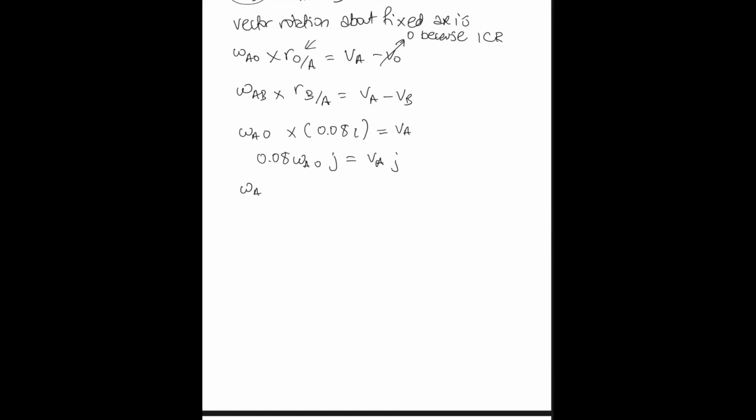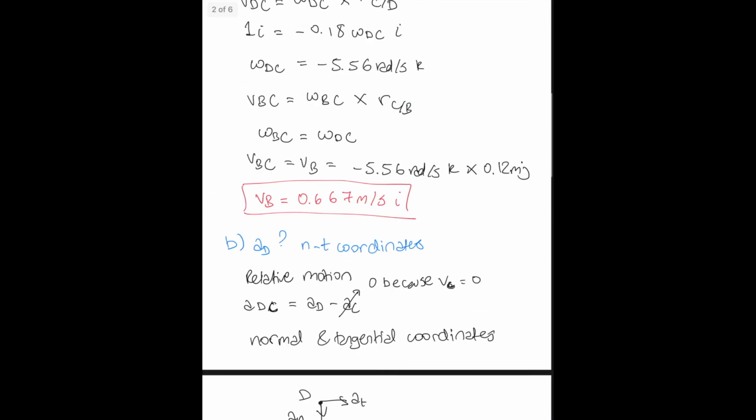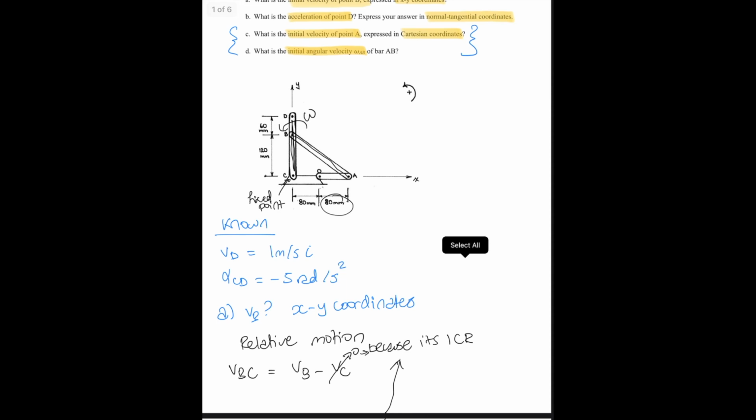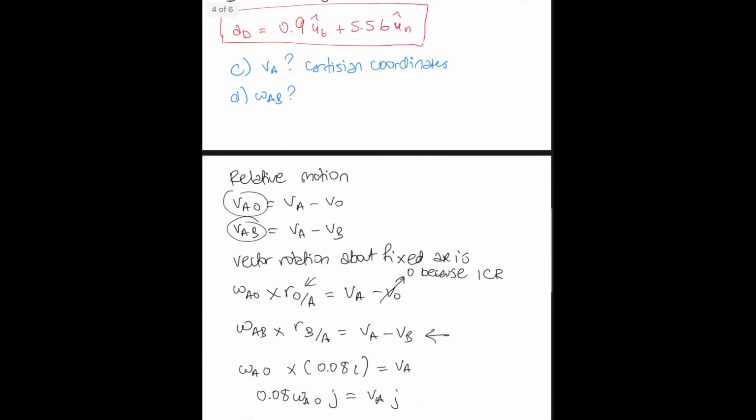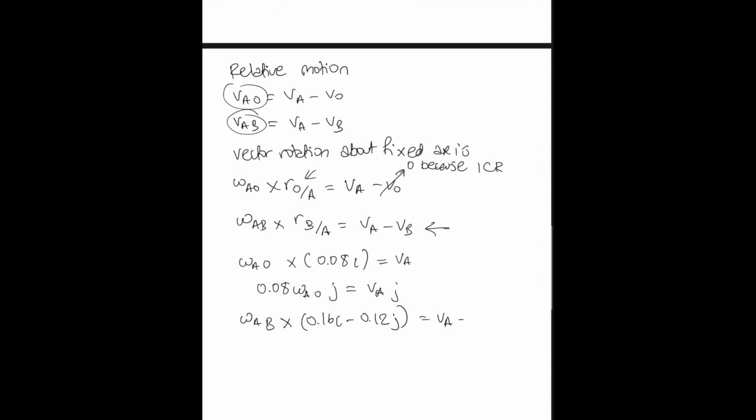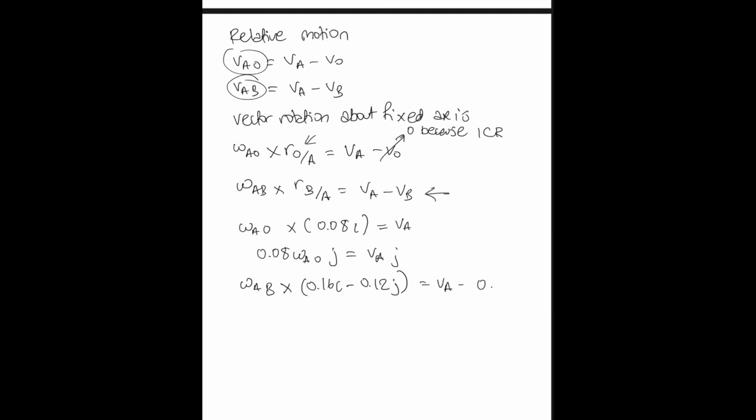And now we're going to plug in our known values in this equation. RBA is going to be the distance from here to here. So this is going to be in the X and this is going to be in the Y. And that will give us 0.16i minus 0.12j equal to VA minus VB, which we found earlier, equal to 0.67i.